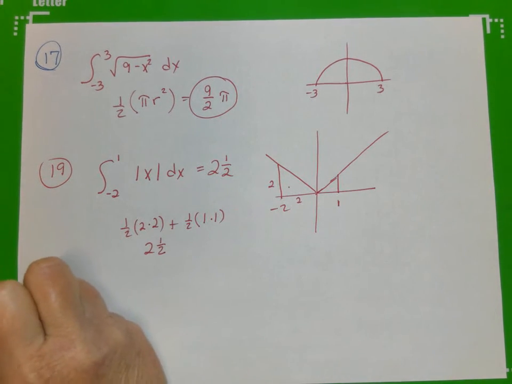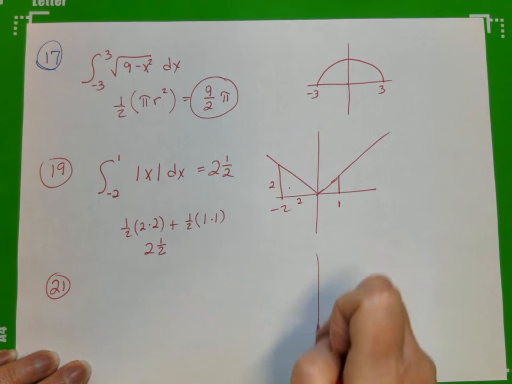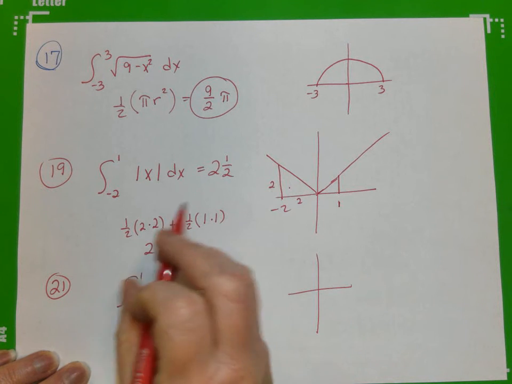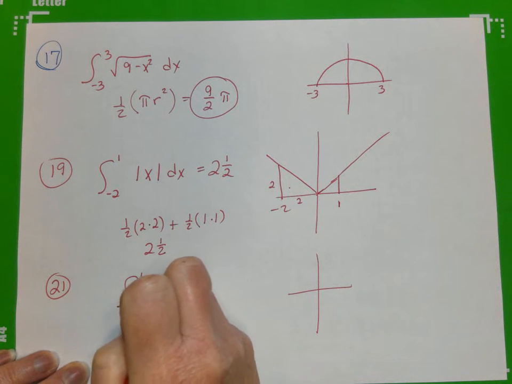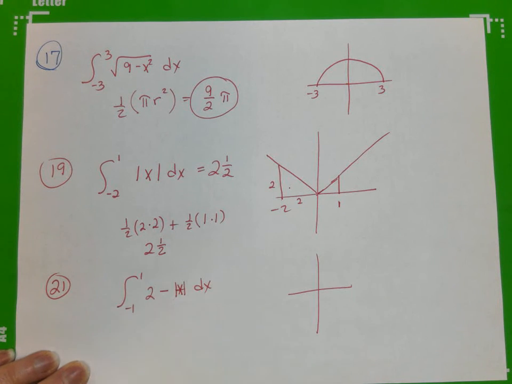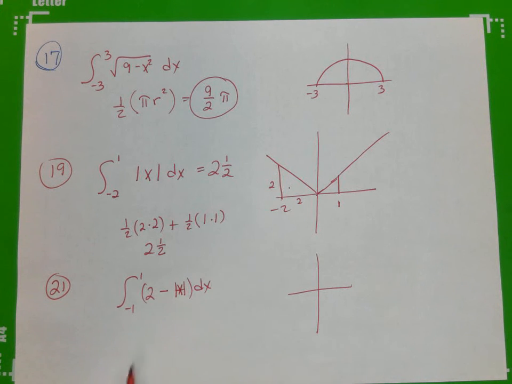What happens in number 21? It says we want 2 minus the absolute value. So we have the integral from -1 to +1 of 2 minus the absolute value of x dx. Let's think about that a minute. What is that doing? I need some parentheses here too, by the way.